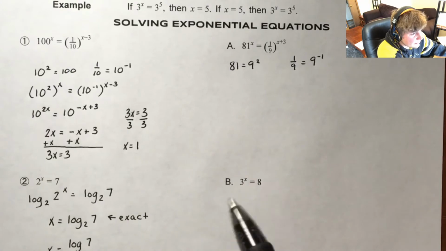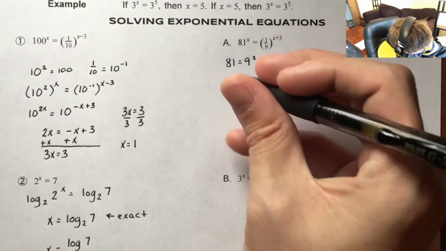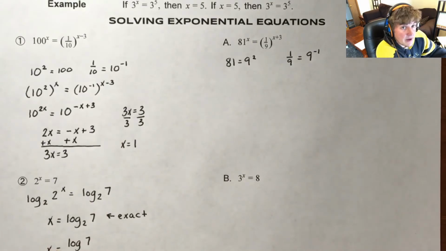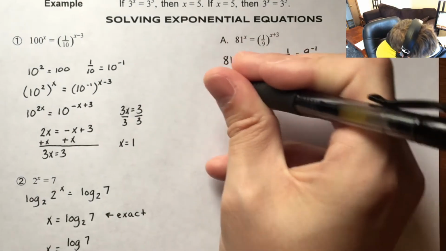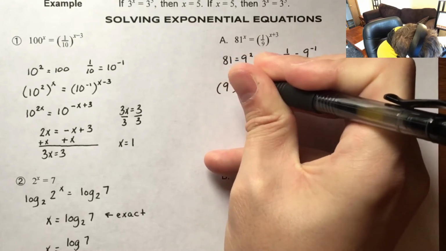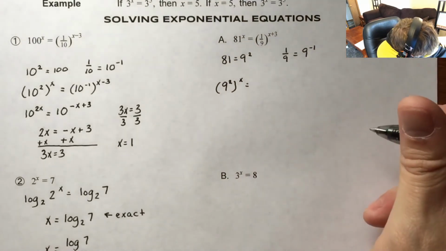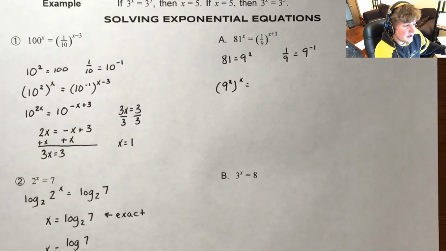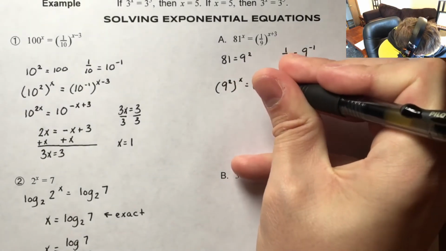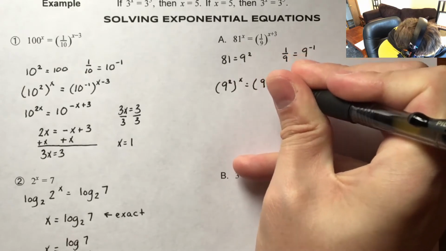Okay, so we can rewrite this equation. Instead of 81, I'm going to rewrite 81 in a form that's equivalent. I'm going to rewrite it as 9 squared. So I'm going to say that 9 squared raised to the x power is going to be equal to, and again, instead of 1/9 here, I'm going to write 9 to the negative first power. They're equal to each other, so I can just simply replace them.